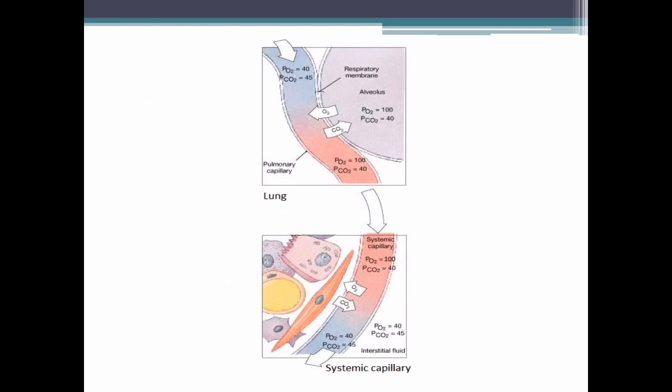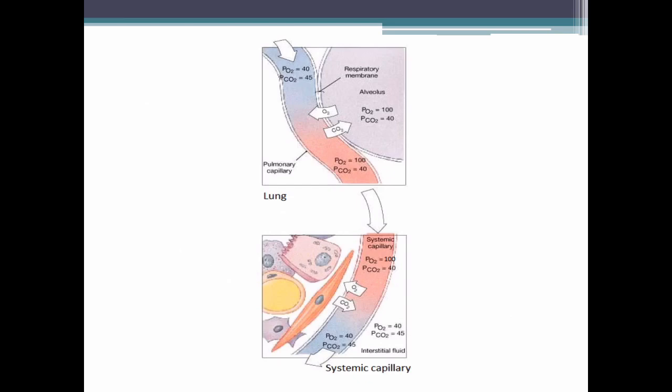In this diagram, in the first picture, you can see that from the respiratory membrane, oxygen is given into the pulmonary capillary and carbon dioxide is given to the respiratory membrane, and carbon dioxide is thrown out of the body through expiration.